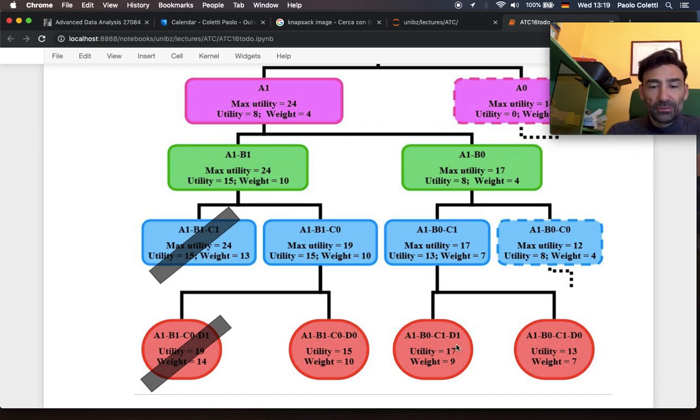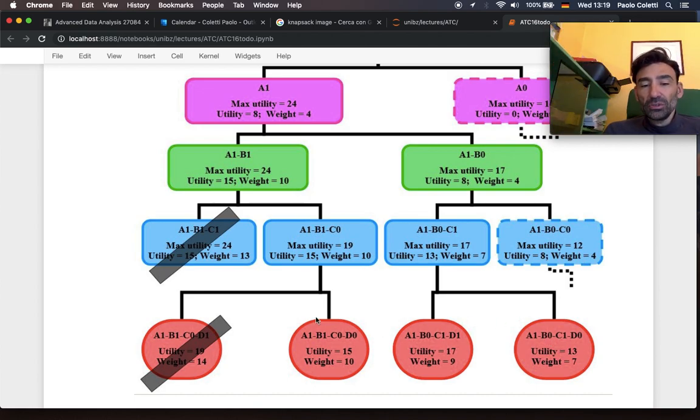We can't branch anymore. The utility here increases from 13 to 17 because we have added the binocular. Also the weight, however, increases. Luckily, it's still 9, so it's still below the maximum capacity. Here, utility remains the same, the weight remains the same, because we have just decided to throw the binocular out from the window.